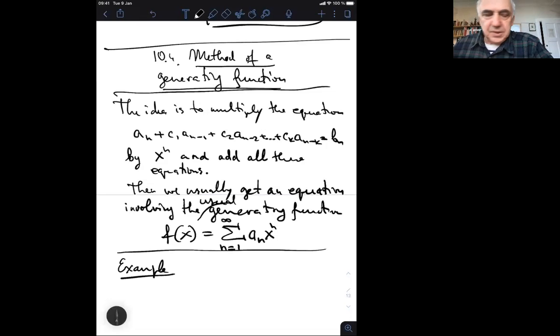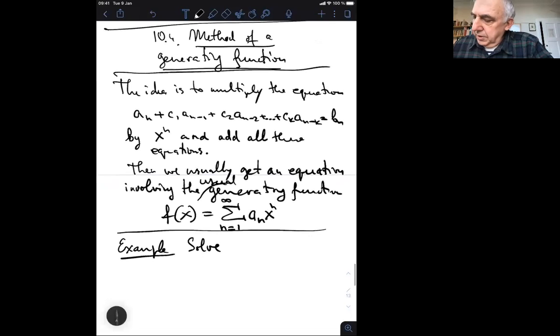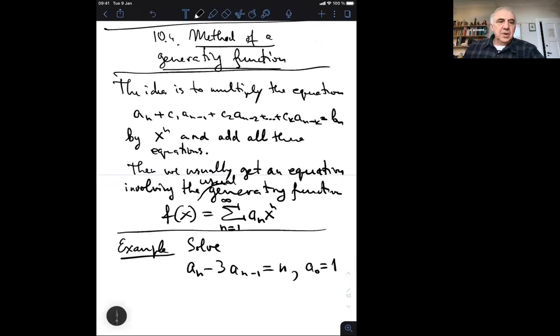Otherwise, maybe it sounds a little bit odd, but you'll see what we're doing. Example: solve a_n minus 3a_{n-1} equals n, and say a_0 equals 1.